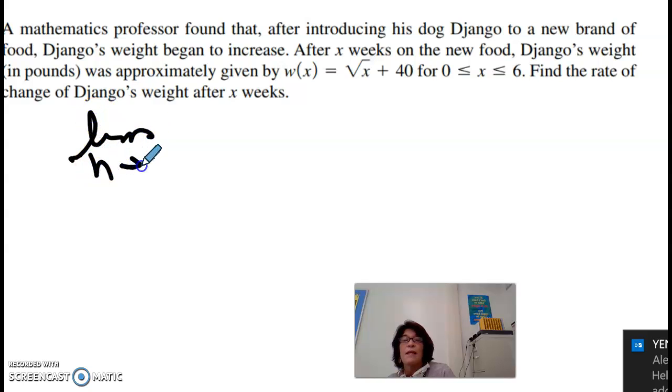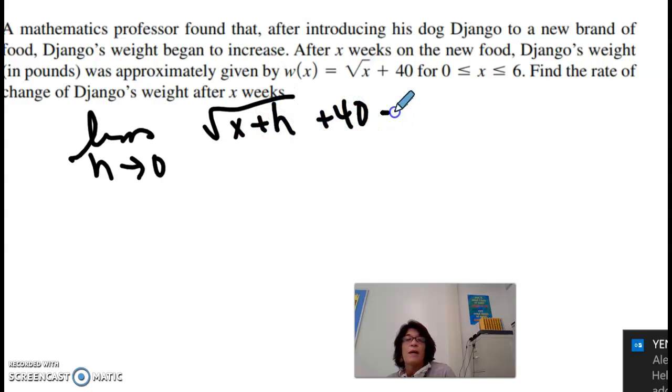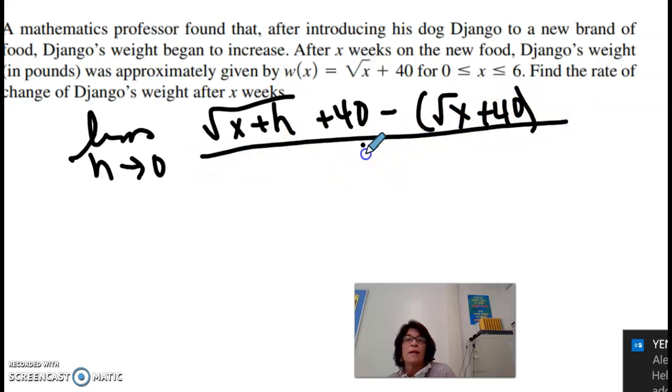So I want the limit as h approaches 0 of the square root of x plus h plus 40 minus the square root of x plus 40 all over h. Same process. You put x plus h in for x and then subtract the function.